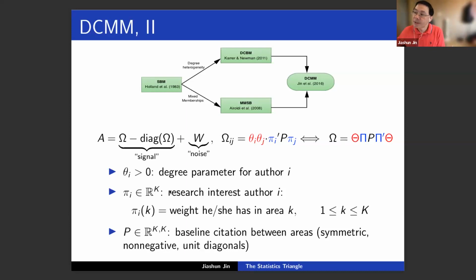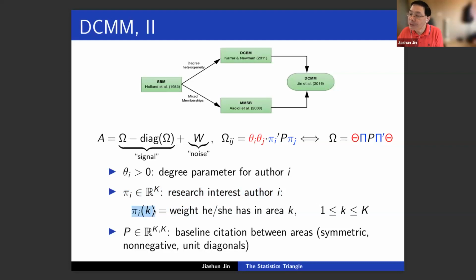So this so-called mixed membership means you cannot say every author belongs to exactly one community. Each has different weights on different communities. For example, for each author we introduce a so-called research interest vector.